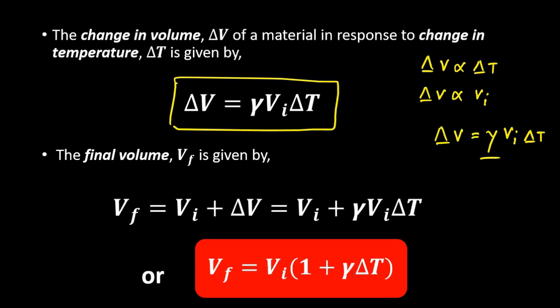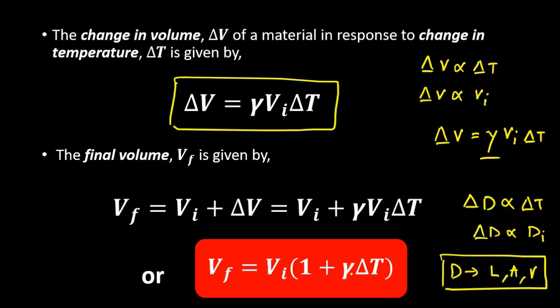The change in dimension is directly proportional to the change in temperature, and the change in dimension is directly proportional to the initial dimension. This dimension can be length, area, surface area, volume, whatever. The basic structure is the same, and then there is a proportionality constant associated with that dimension.